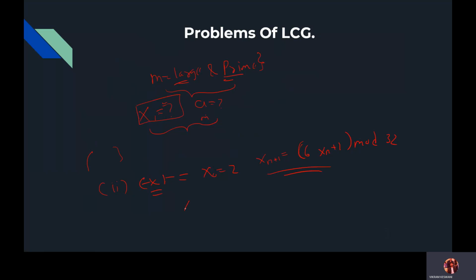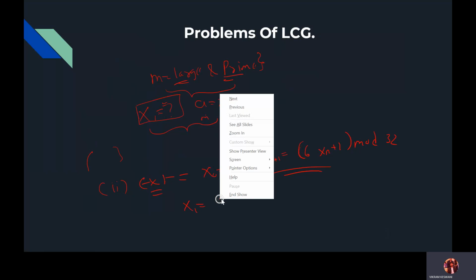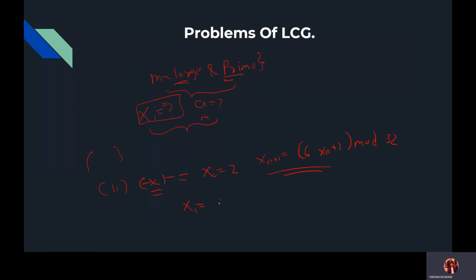Now if I produce the sequence, try on your notebook. You will get x1 equal to 2, x2 equal to 13, and following 15, then 27, then 3, then 19.